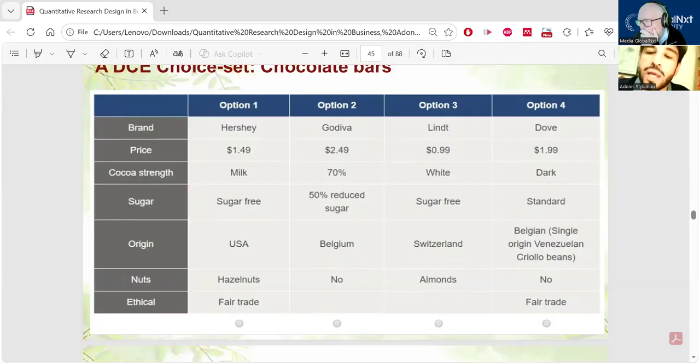Obviously, in a questionnaire, you may have 8, 10, 12 of those choice sets. And what we try to do is not to use all of the levels, but some of them. If I force somebody, force in quotes, to choose between those 2 brands, Godiva and Dove, right, only, then that particular individual is going to force themselves to make a decision and prioritize which one would be preferable.